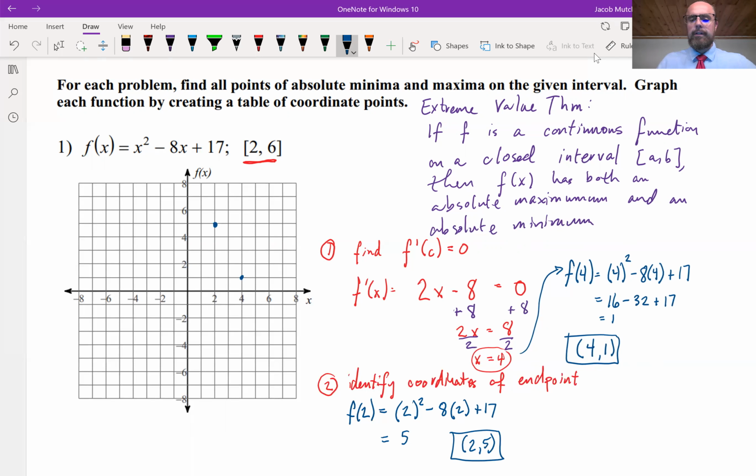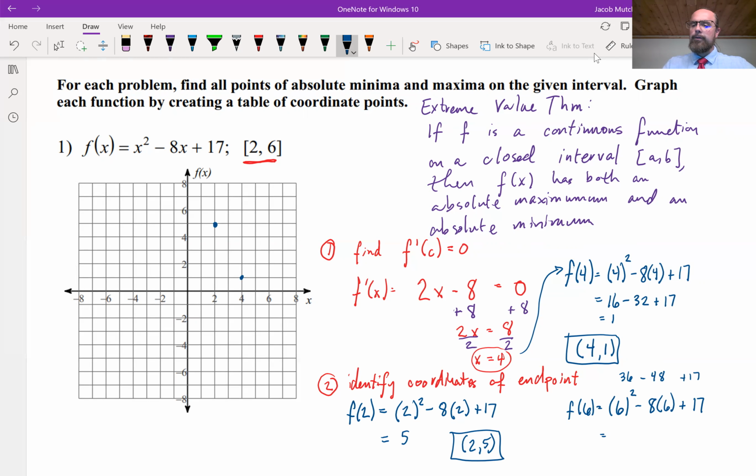And then let's calculate also f at 6. So just like we did with the other two substitutions here, we'll plug in 6 for x. So 6 squared minus 8 times 6 plus 17. So that's going to be 36 minus 48 plus 17.